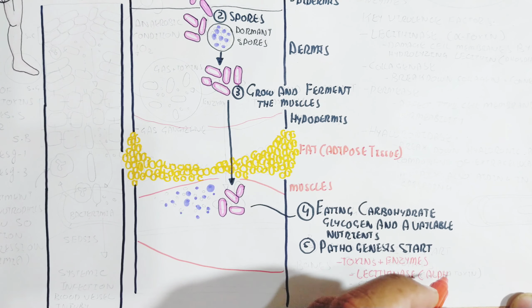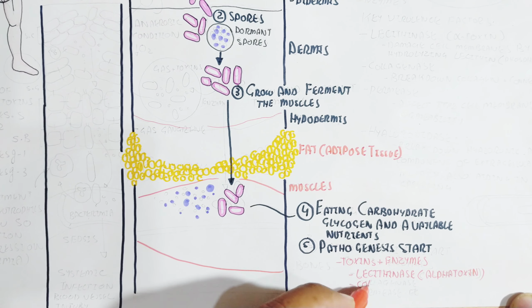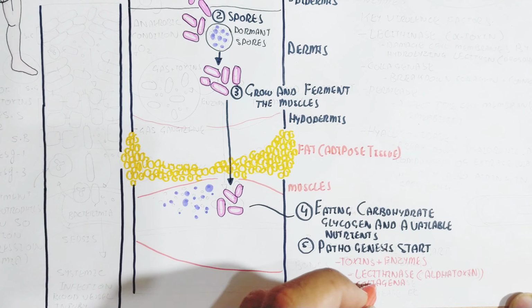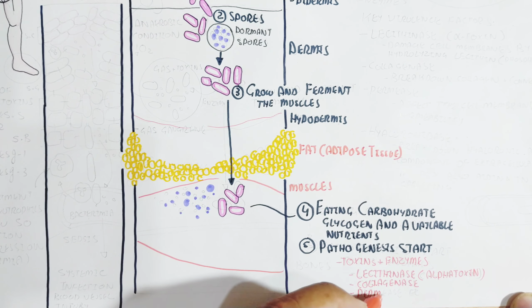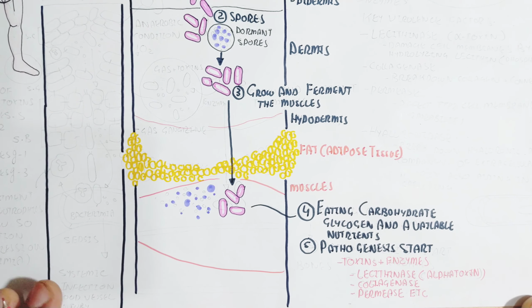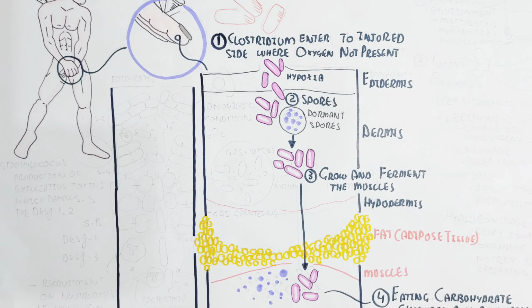And fifth, the pathogenesis starts with toxin and enzyme production: lecithinase enzyme, alpha toxin, collagenase enzyme, and permease enzyme, which increases cell permeability and leads to necrosis and cell death, known as apoptosis and necrosis. Necrosis means injury of the cell, so mostly necrosis will occur.